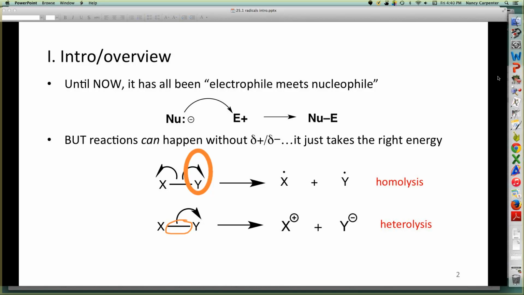But if we're interested in homolysis, where the two electrons in that sigma bond each go to either the X or the Y, then we use what we call a fishhook, a single-headed arrow. So pay attention as you draw mechanisms for radical chemistry that you use the proper arrow.